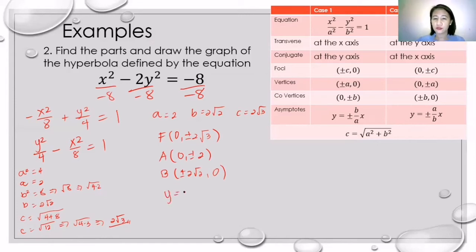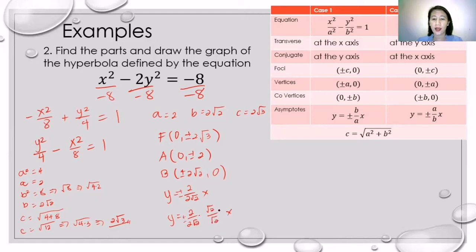So y is equal to A, which is 2, over B, which is 2 square root of 2, times x. But take note, this is quite different because we have to rationalize. So you will multiply both numerator and denominator by square root of 2.